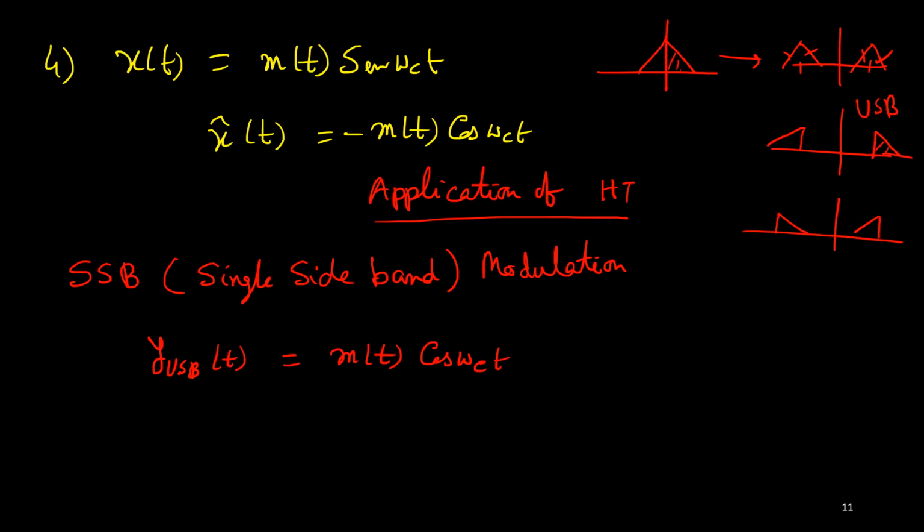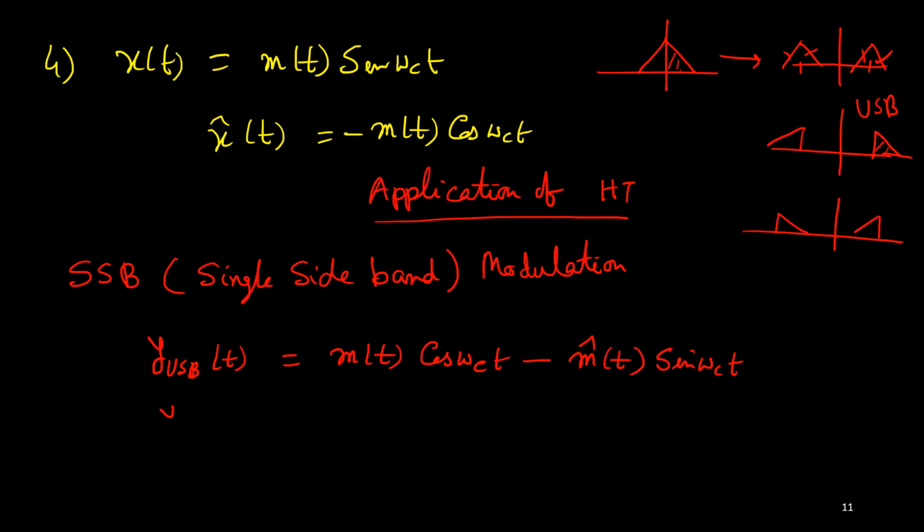Now if I take subtraction, and I take the Hilbert transform of this message signal, m hat(t), and modulate it with sine, we will get the upper sideband.